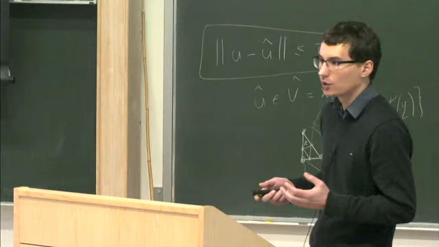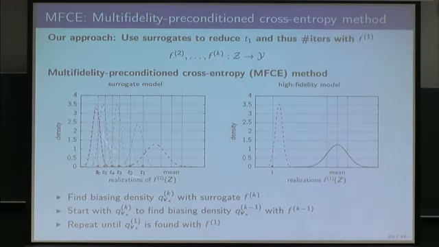In the worst case, if you have a surrogate model that's not accurate, then you might end up needing even more iterations than with the high fidelity model alone. That might happen. But what we say is that by going back to the high fidelity model, in the end, you will still come up with a biasing density that makes sense from a high fidelity model point of view. So this is kind of our correction step. But I understand your point. I'm not sure, did I answer your question? Yeah, we can discuss further. Thank you.